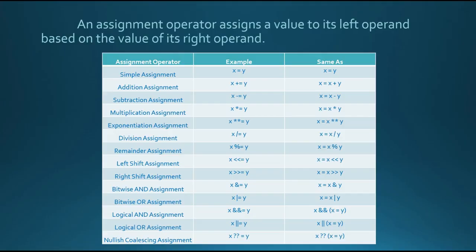For example, x += y means x = x + y, and x **= y means x = x ** y, x to the power of y. Similarly, subtraction, multiplication, division, and remainder/modulus assignment, like the -= operator, perform the operations on the two operands and assign the result to the left operand. The shorthand examples just make code shorter and clearer.